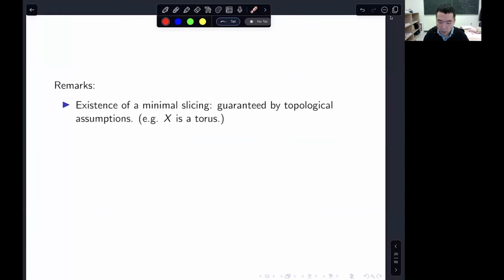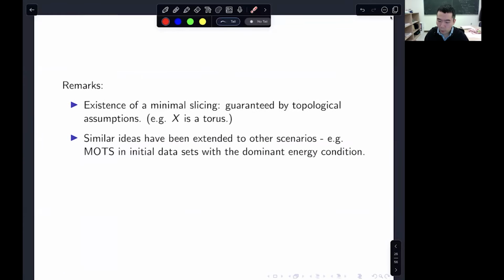Okay, so let me briefly discuss what I believe Tian-Yao will focus on in the next talk. Similar ideas have been extended to other scenarios and important applications. For instance, scalar curvature has a physical meaning in mathematical general relativity: non-negativity of scalar curvature means that for time symmetric initial data sets, the energy density is non-negative, which is a very natural condition.